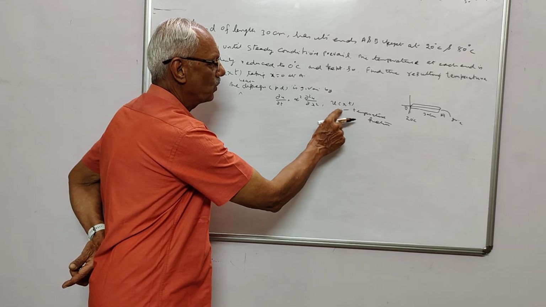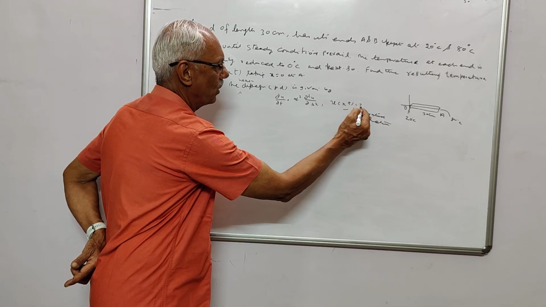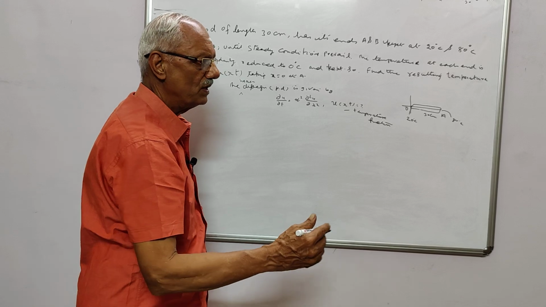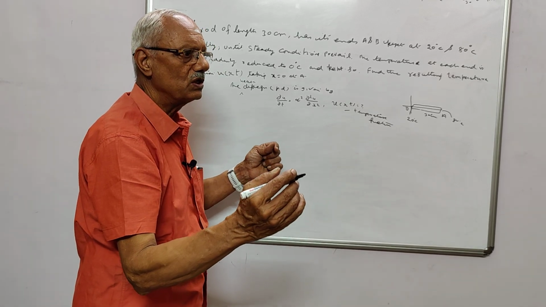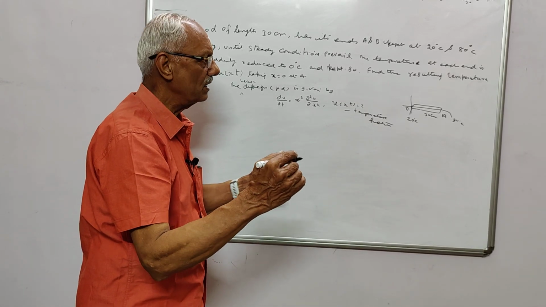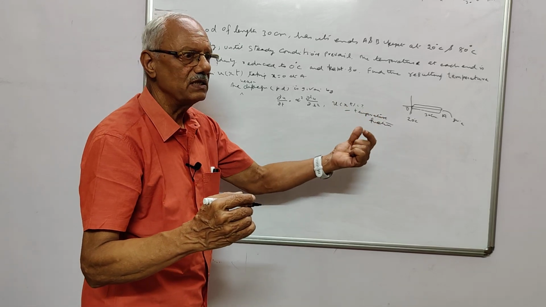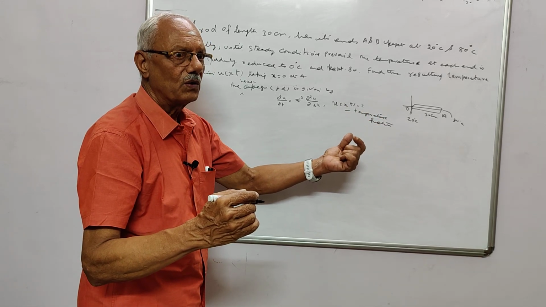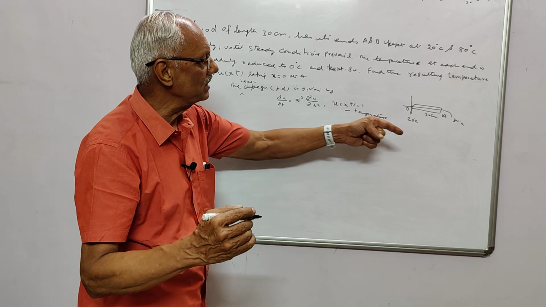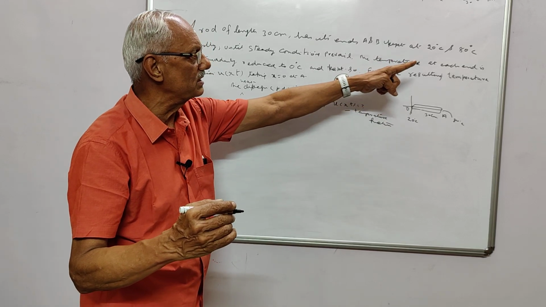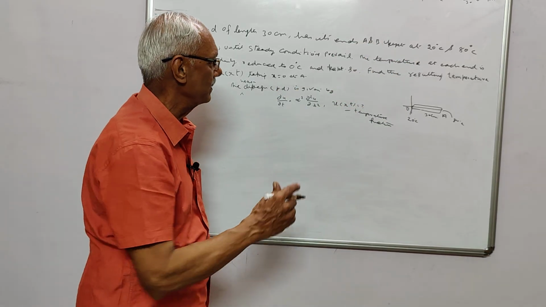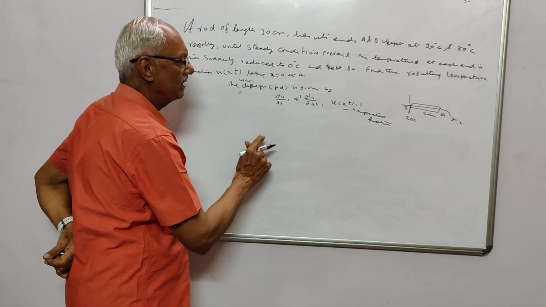This is what we are going to find when the two ends are subjected to 0 degrees after the rod attains a steady state. Initially the two ends were subjected to 20 degrees centigrade and 80 degrees centigrade.